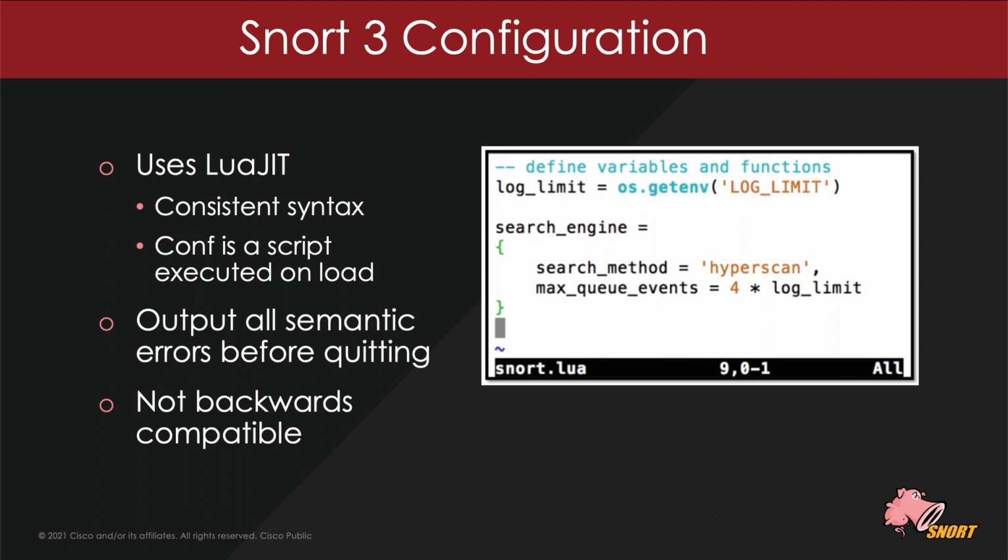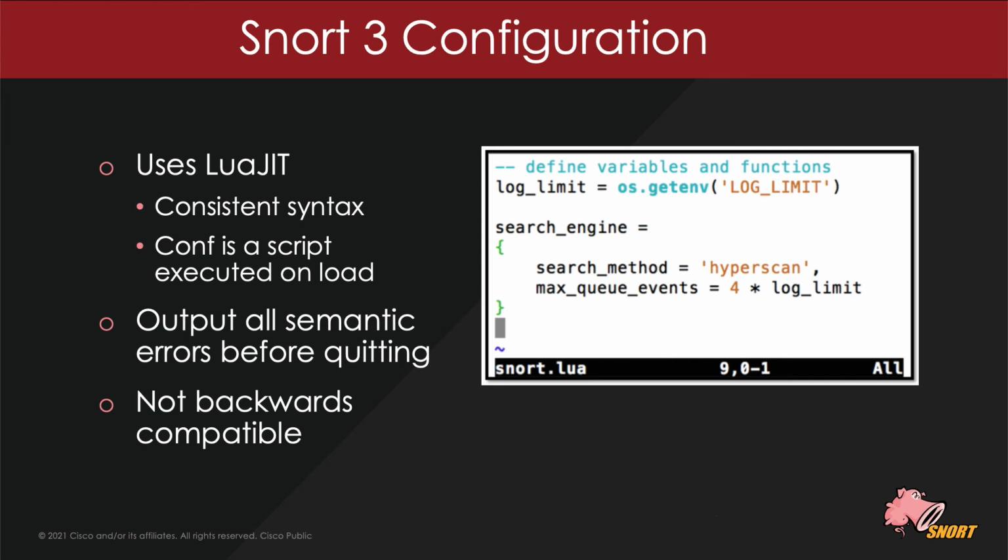In the example on the right, you can see we've got a variable called log limit that's populated within the snort config file. It grabs an environment variable from the OS called log limit, and then uses that later to configure the max queued events parameter in the search engine, so 4 times the log limit.